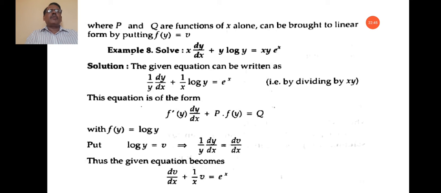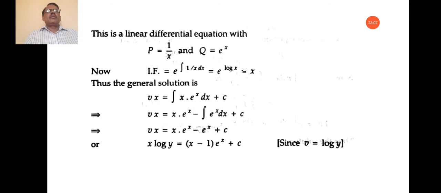So you see that this is a linear differential equation of the format dy by dx plus p into y is equal to q. In place of y it is v. Here the value of p is 1 by x, and the value of q is e power x.